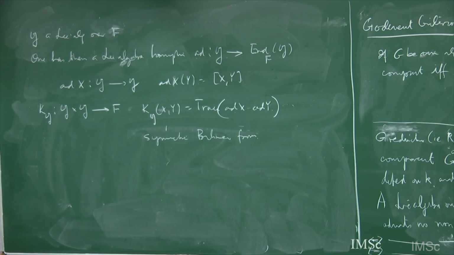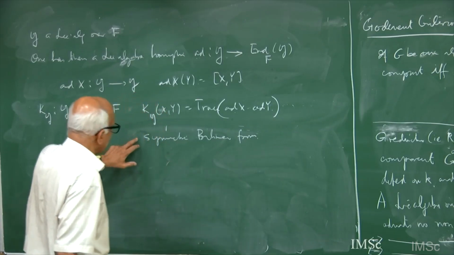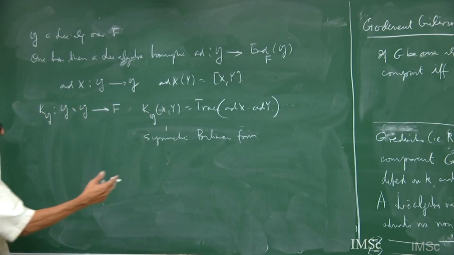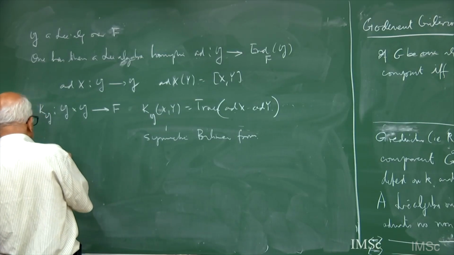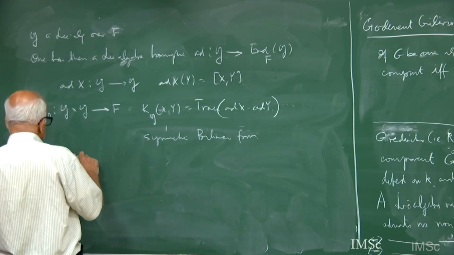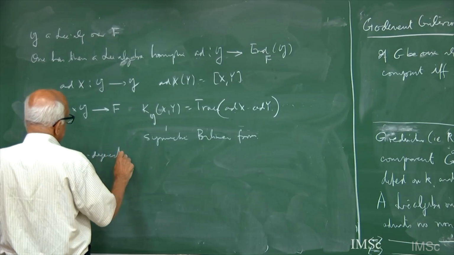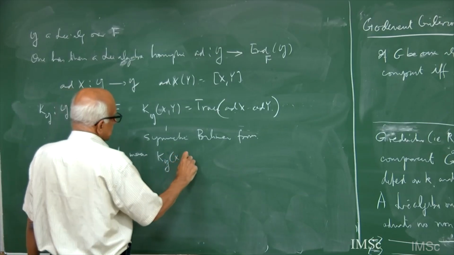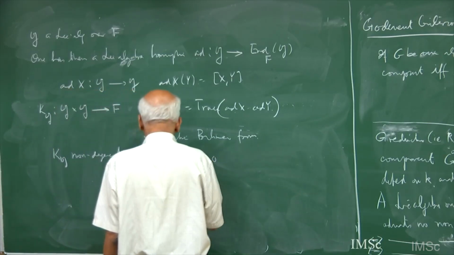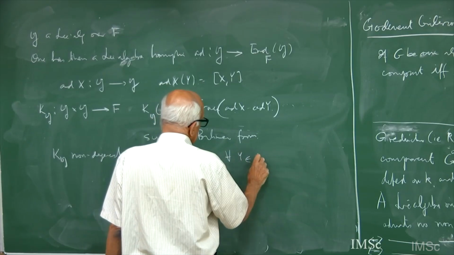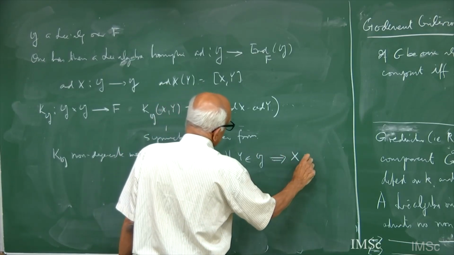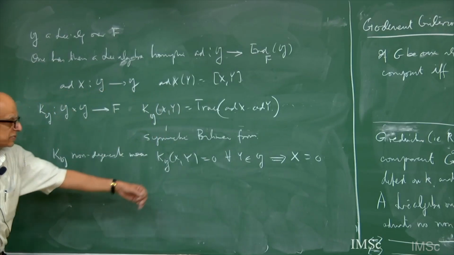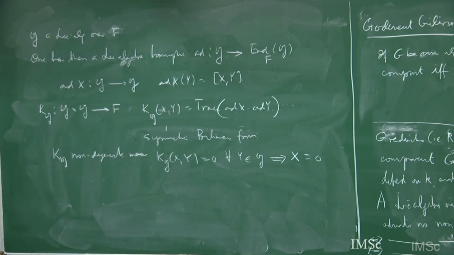So this is a symmetric bilinear form, and K_G non-degenerate means K_G(x,y) equals 0 for every y in G implies x equals 0. If x is non-zero, there must be some y such that K_G(x,y) is non-zero. And it's symmetric, so you can interchange the roles of x and y.